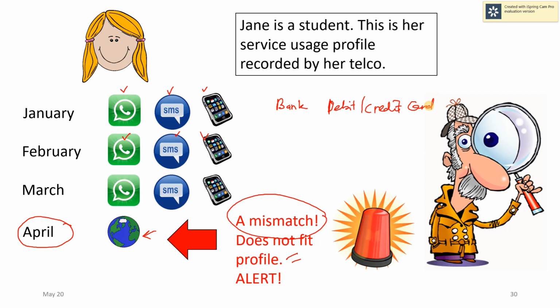When I was studying, I studied in the UK and then I went to Europe. Suddenly the bank phoned and said, you have a fishy transaction here where you are buying something in the US. The bank knew that I usually swipe in the UK or I swipe my card in Europe. Suddenly on that day there was a transaction in the US while at the same time I swiped my card in Europe. So this is what we call profiling.